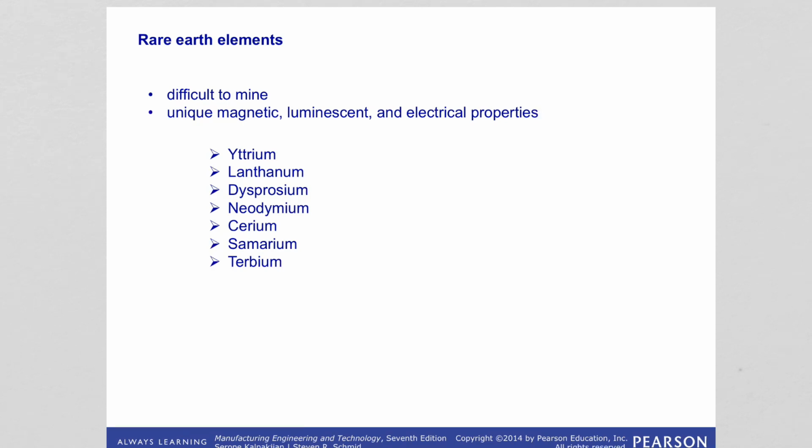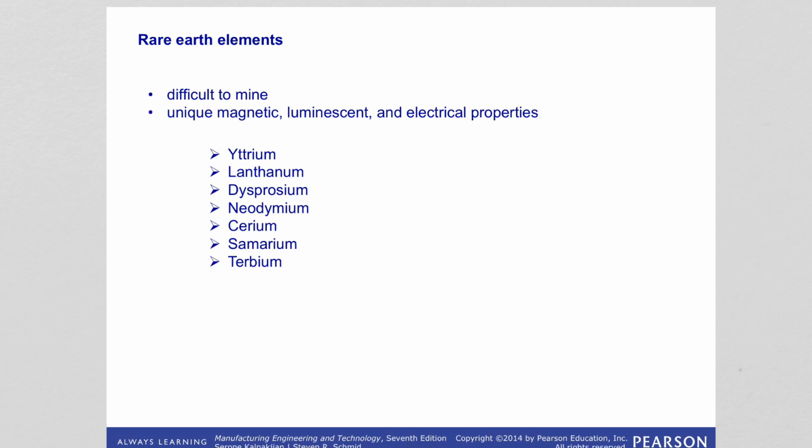So one is yttrium, that is used in fluorescent lamps, light emitting diodes, laser technology, superconductor applications. Another one is lanthanum. That one is used in catalytic converters, anode materials for batteries.